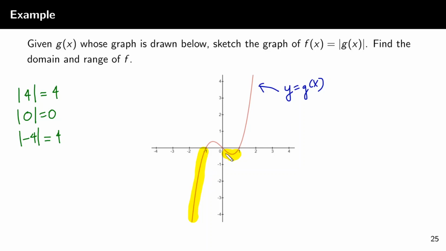So, lahat ng portion ng graph na nasa ilalim ng x-axis. So, dito, ilalim ng x-axis, yung value ng f of x natin, or yung y, the value of g of x rather, is less than 0. Ngayon, kung i-apply natin yung absolute value function, magiging positive ito.